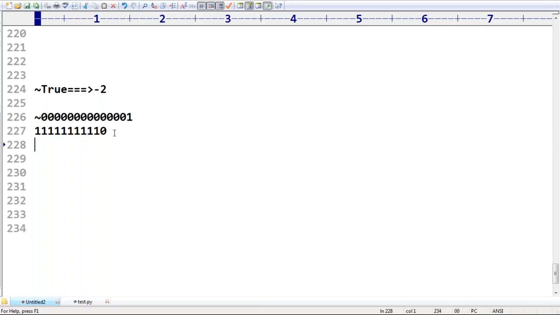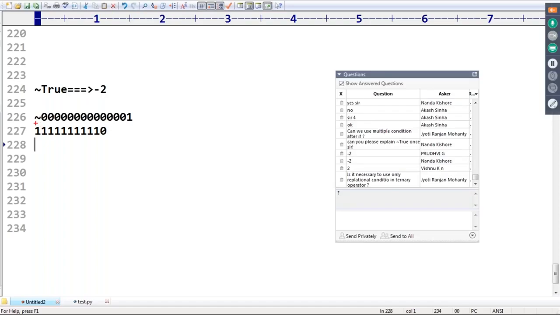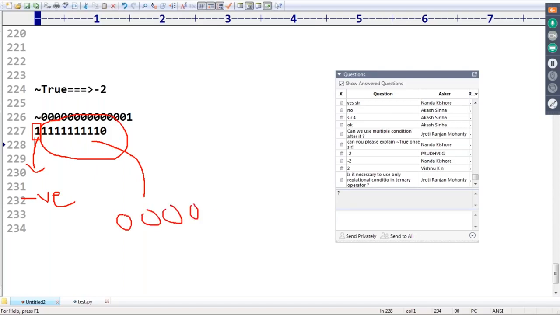Now my question is, what is this? The most significant bit is 1. 1 means it is a negative number. If it is a negative number, the remaining bits represent the value in 2's complement form. How can you find the 2's complement? First find the 1's complement: zeros become ones and ones become zeros.